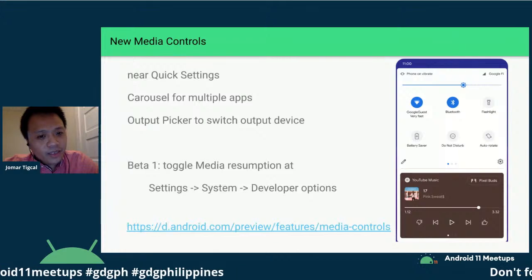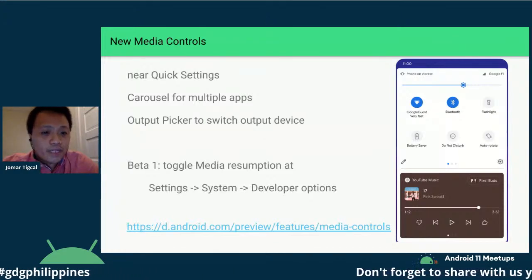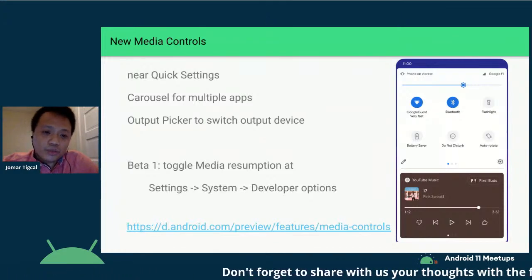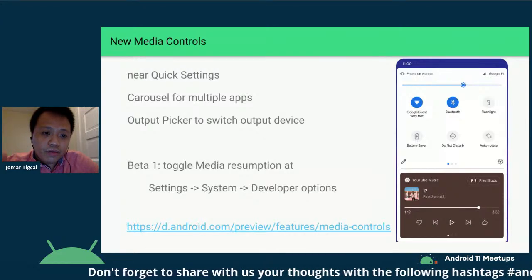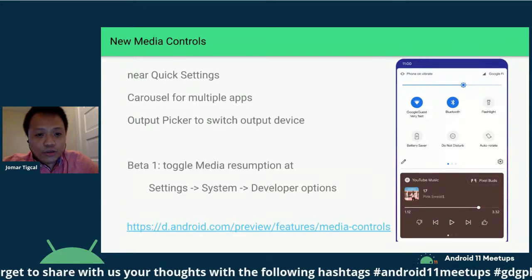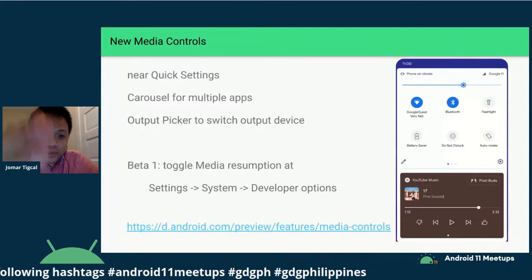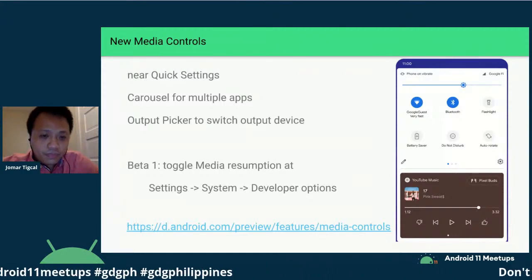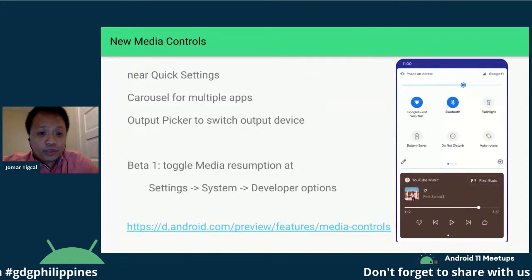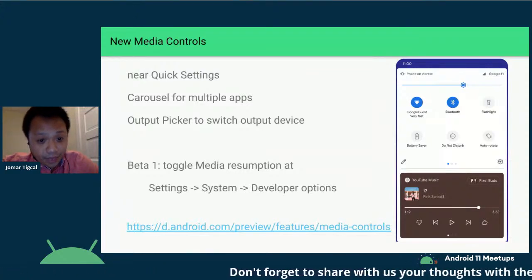The one on the right is the expanded view. When you swipe the quick settings, it's going to be on the left for the small view. This one is the expanded view.